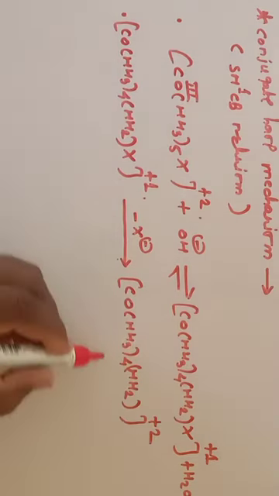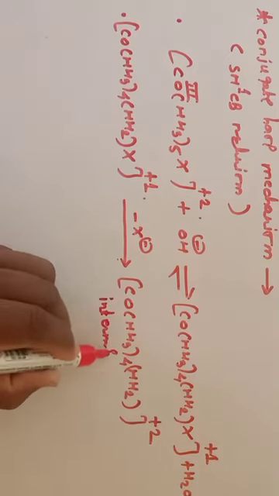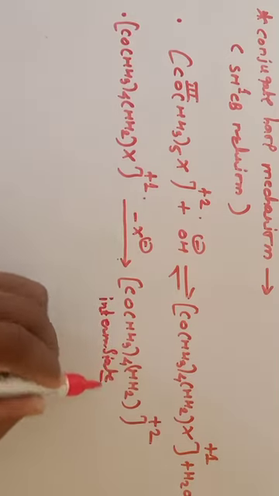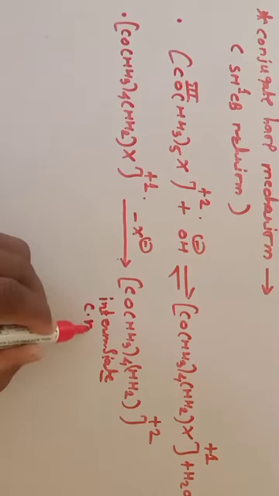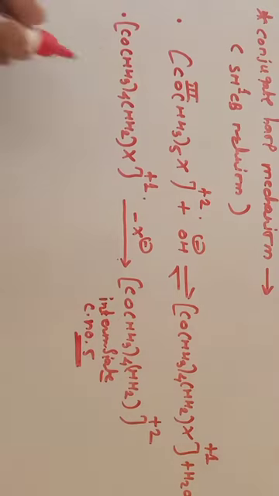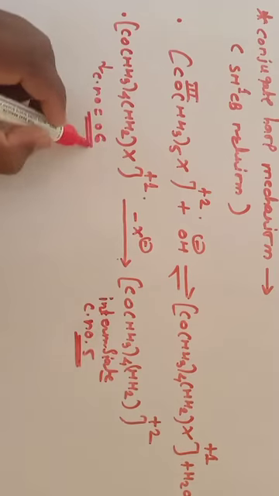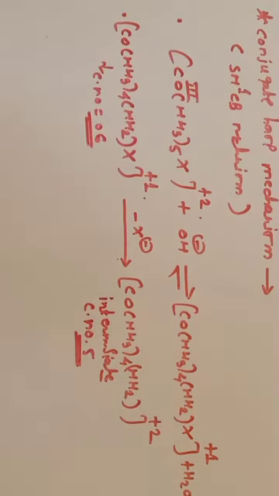So this is your intermediate with coordination number 5. In this case the complex has coordination number 6, so it undergoes dissociation of this Cl minus, or we can consider X minus ligand, and the intermediate is formed with coordination number 5.